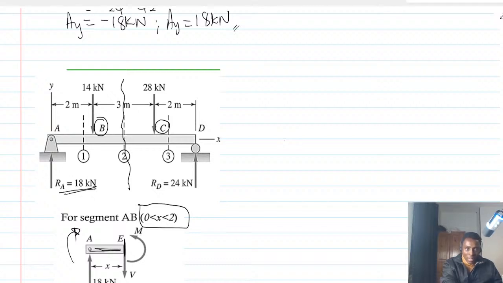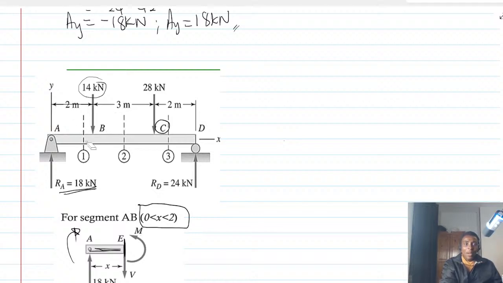All right, and then at a distance 2 meters, you have 14 kilonewtons. So it means that if you move away from the 14 kilonewton and cut, you are going to measure a distance x all the way. So the x this time is all the way from the starting to where you have cut.